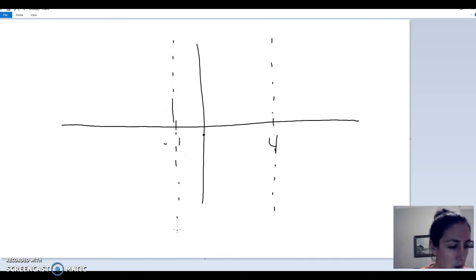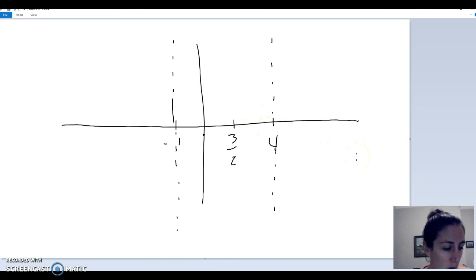We know we're increasing from negative infinity to negative 1, so somewhere down here I'm increasing. We know from negative 1 to 3/2, so I'm going to label 3/2, we're increasing again. From 3/2 to 4, we're decreasing, and from 4 to infinity, we're decreasing.